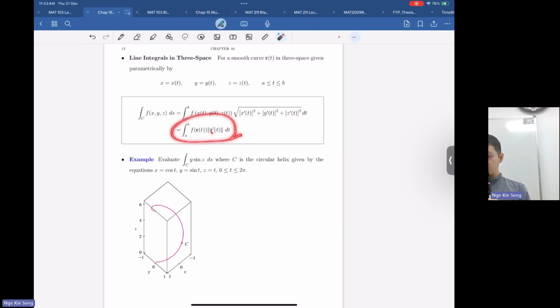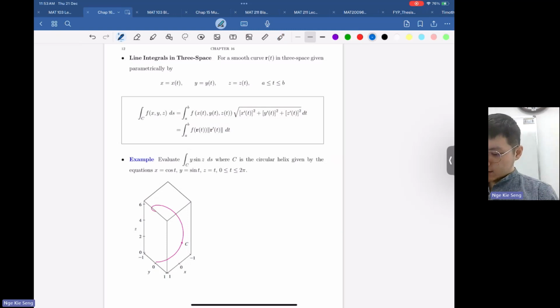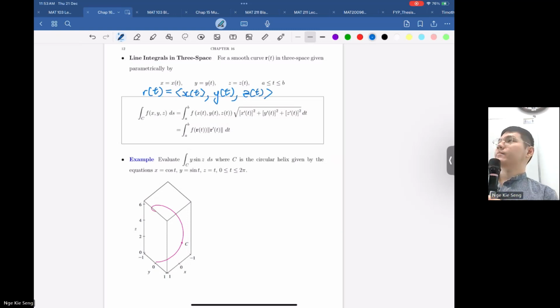So this notation is very useful. Later we'll use this notation instead of writing all the x, y, z out. This r(t) here is useful, because what is r(t)? It is really the curve, or the space curve. r(t) is equal to this vector here.